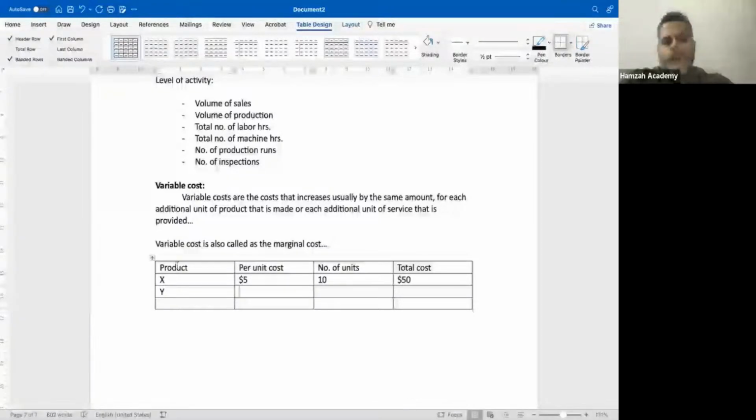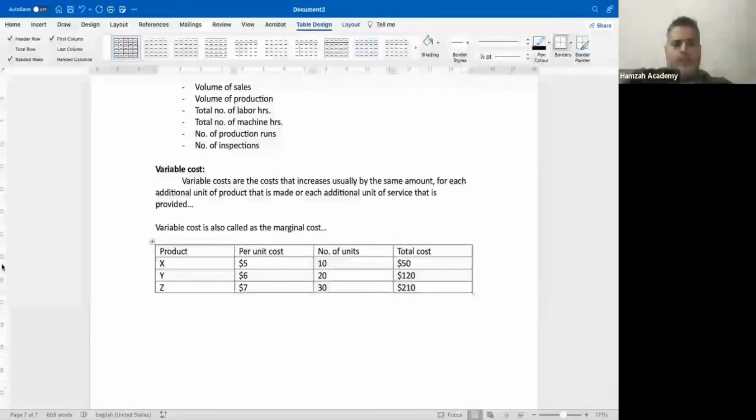Then the cost per unit is 6, number of units are 20, so 6 twos are 12, my cost is 120. Then I have a Z, the cost per unit is 7, number of units are 30, and the cost is 210. Right? So this is how I have the data available.